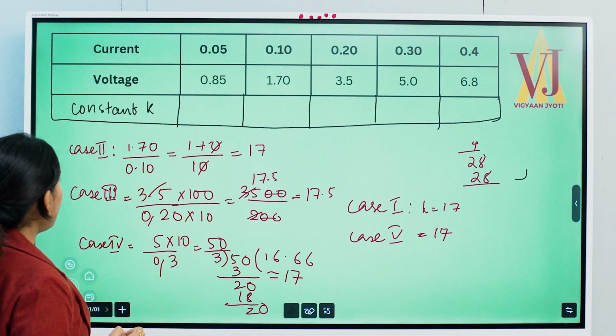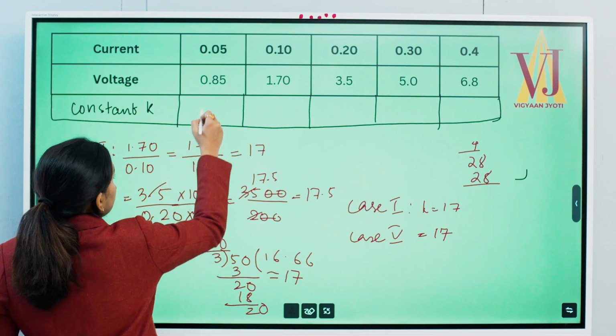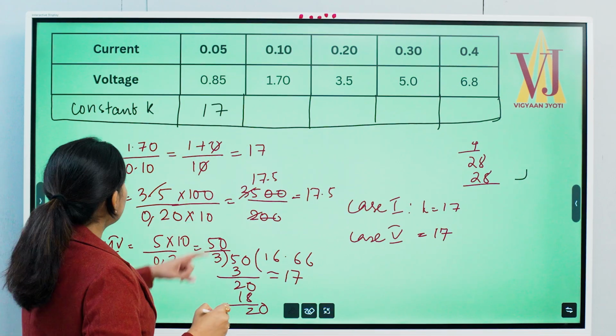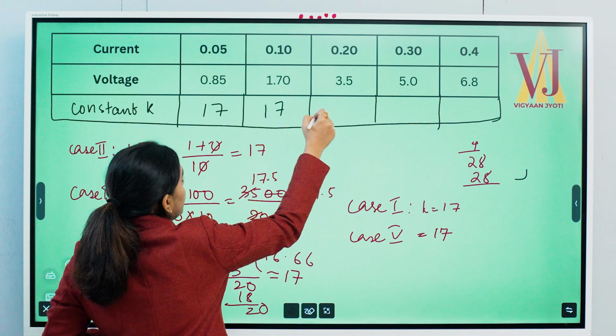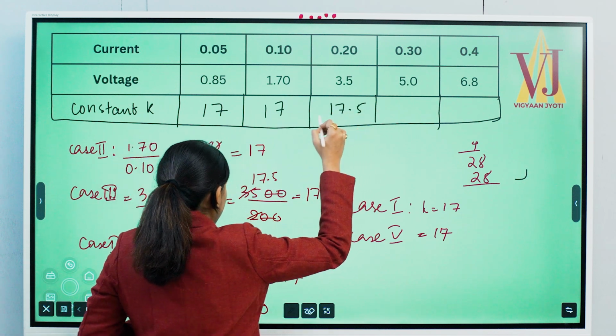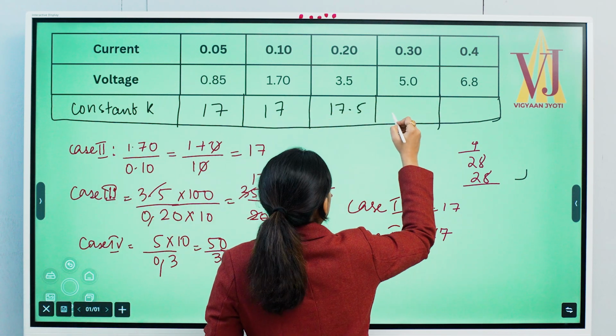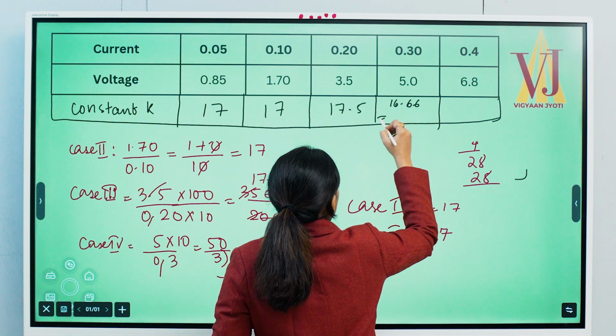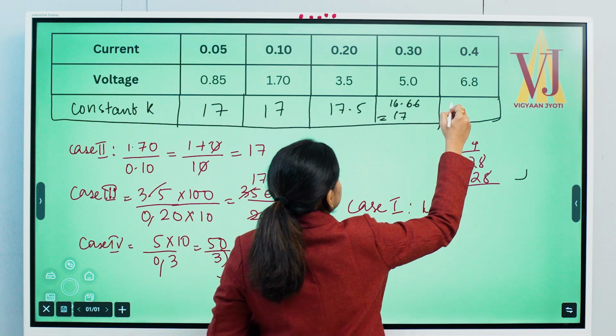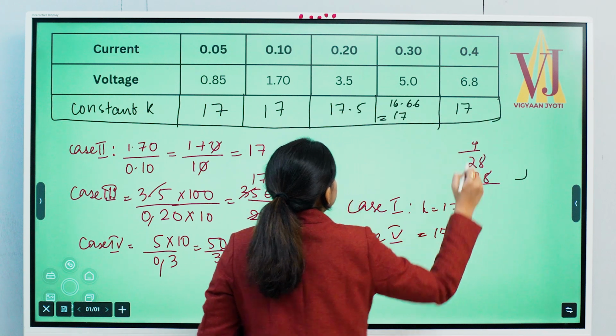So what is the constant value that we have got for case 1? 17. Case 2, 17. Case 3, 17.5. Case 4, 16.66 rounded off to 17. And case 5, we got pure 17, right?